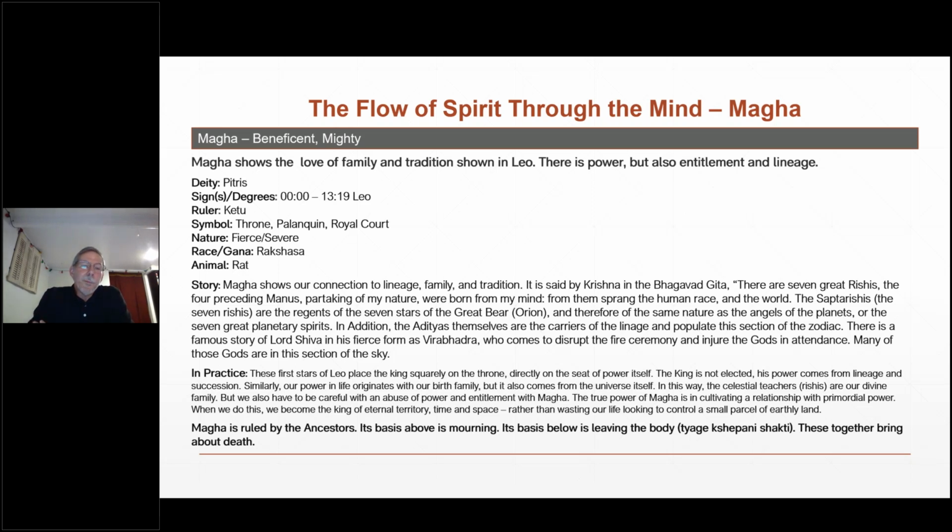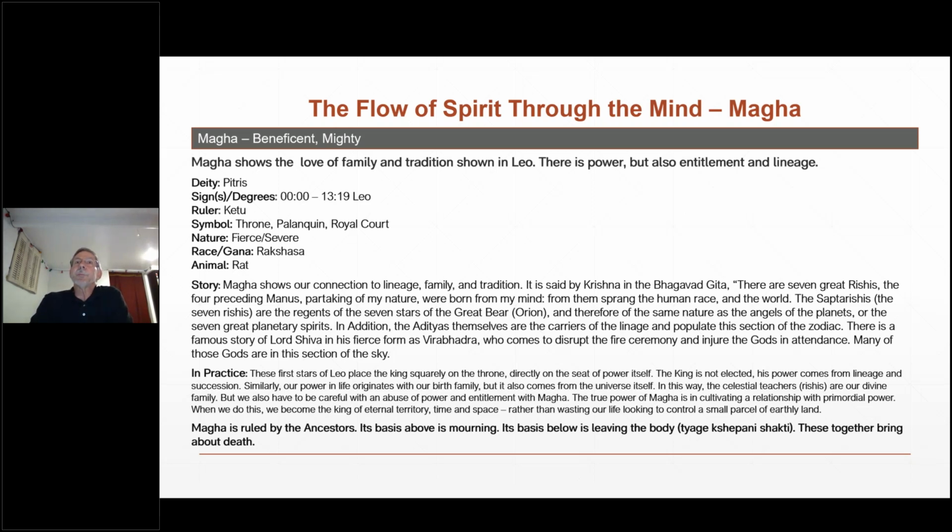So when you read the text that I put together, the way of looking at this in a reading or in a forecast, for example, you'll see all these themes of recognizing your power and not using it foolishly in a selfish manner.